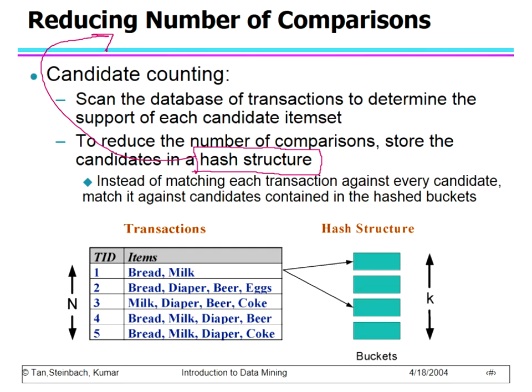So we reduce the number of candidates by the a priori principle, and we can use a hash structure to reduce the number of comparisons. Instead of matching each transaction against every candidate, we will match it against candidates contained in the hashed buckets.